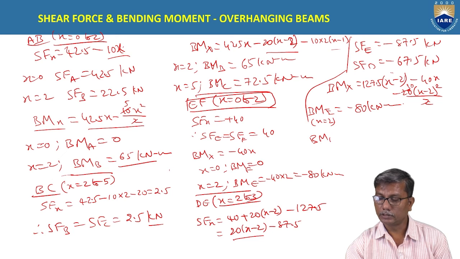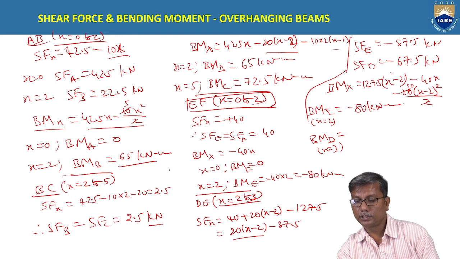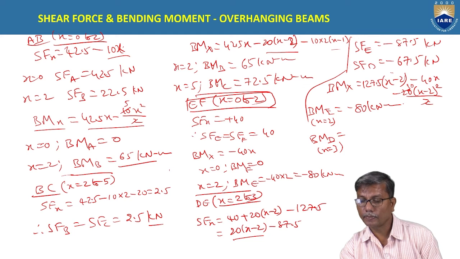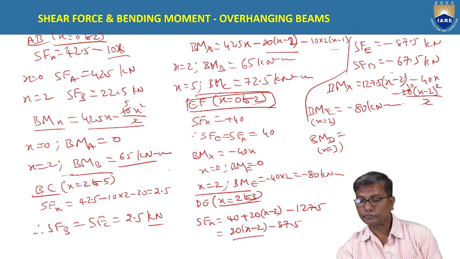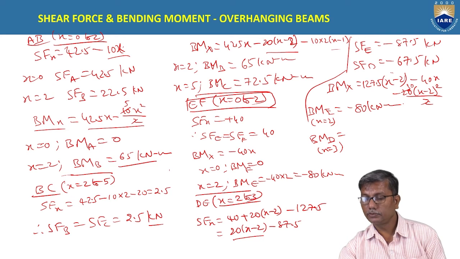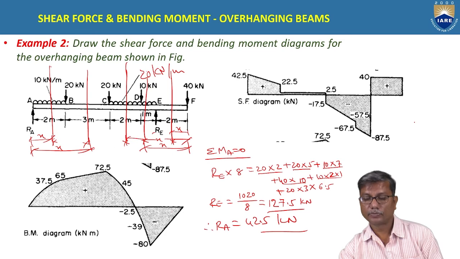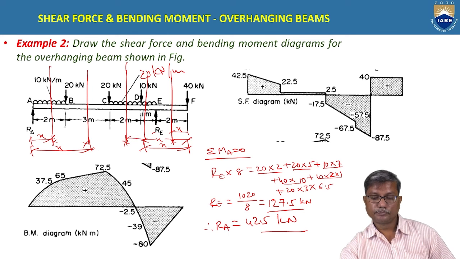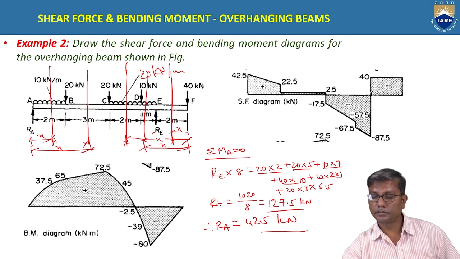And at X equal to 3, bending moment at D is, substituting X equal to 3 here, 127.5 minus 120 minus 10, minus 130 it is. So 127.5 minus 130, it is minus 2.5 kilonewton meters. So bending moment at D is minus 2.5 kilonewton meters.